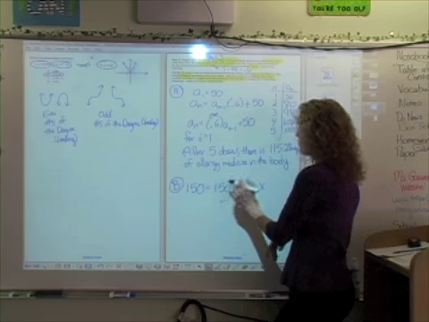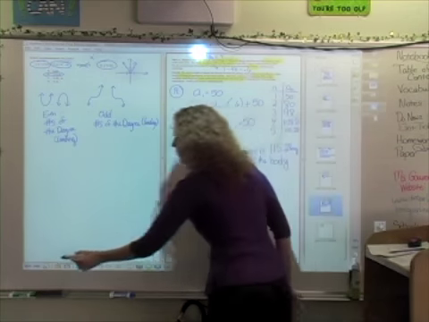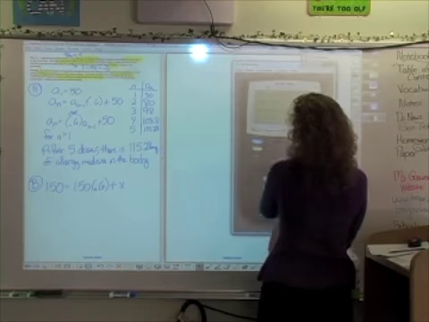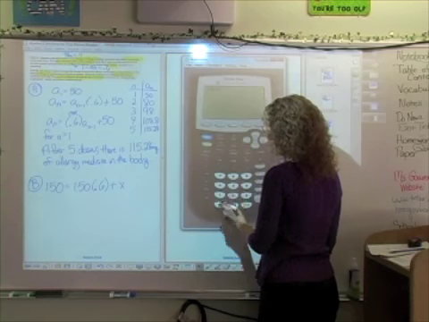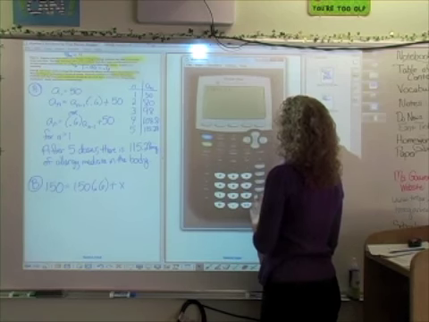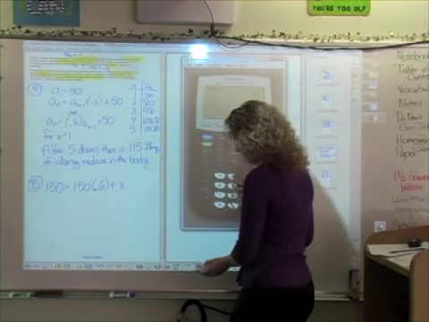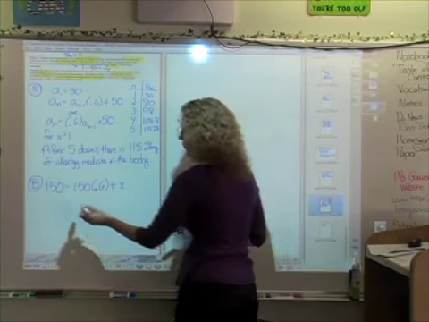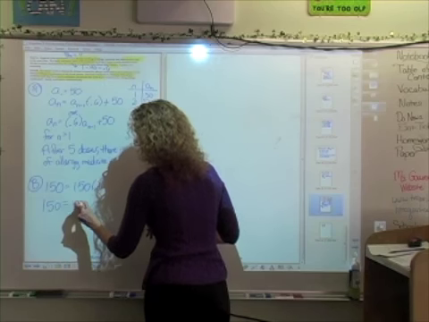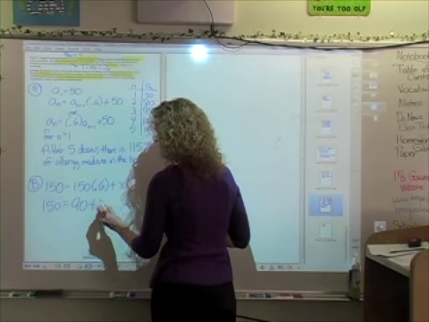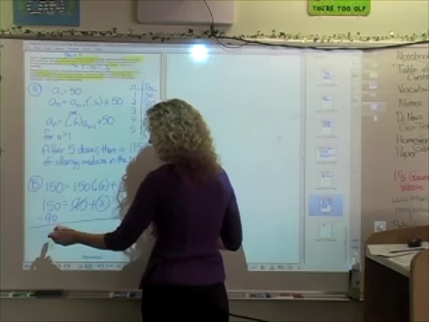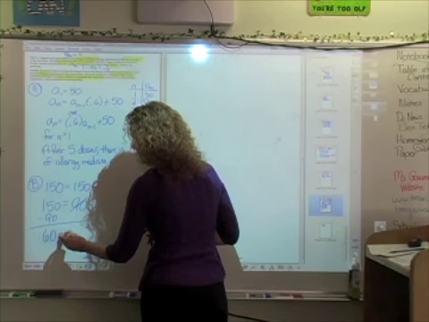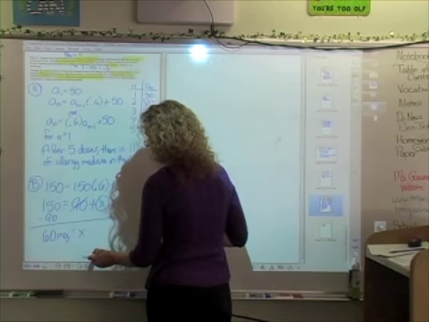So 150 times 0.6 is going to be 90. So over here we're going to put 150 equals 90 plus x. Solving for x, I subtract 90, and I end up with 60 milligrams equals x.